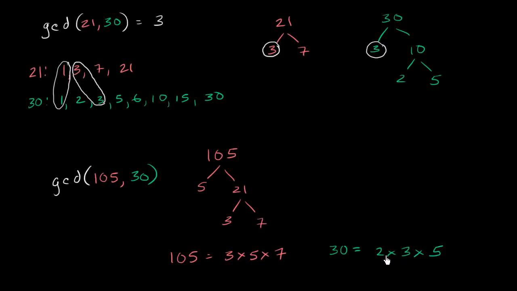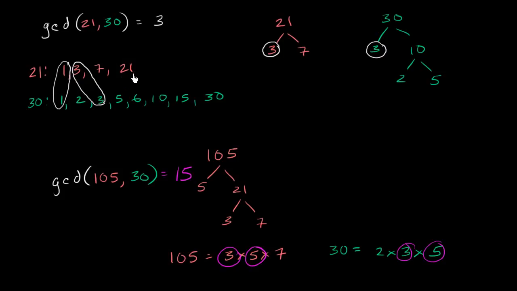So what's the most number of prime factors that they have in common? Well, these two both have a 3, and they both have a 5. So the greatest common factor or greatest common divisor is going to be the product of these two. In this situation, the GCD of 105 and 30 is 3 times 5, which is equal to 15. So you could do it either way.